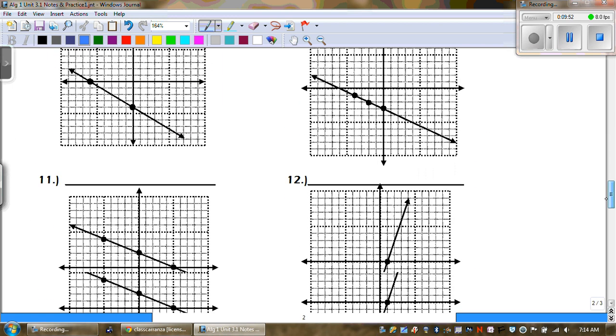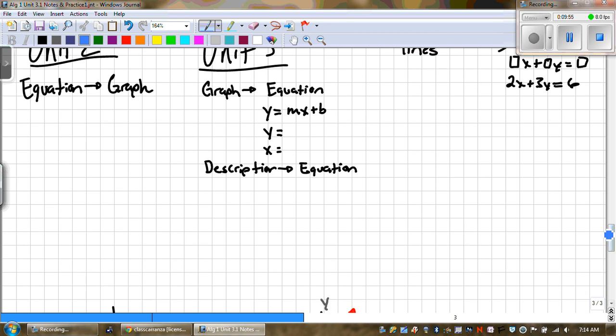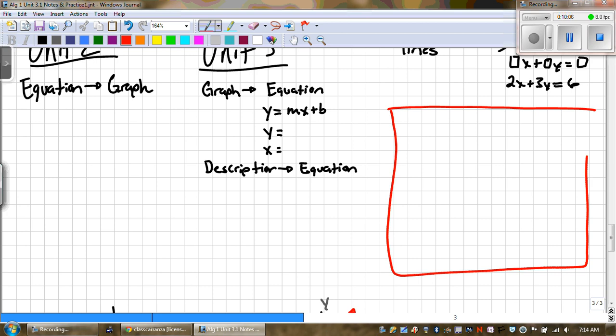So just to kind of sum it up, let's go over one more review point. All right. So we'll put it in a little box. When you have a line, okay, if it is diagonal, our equation is going to be y equals mx plus b, okay?